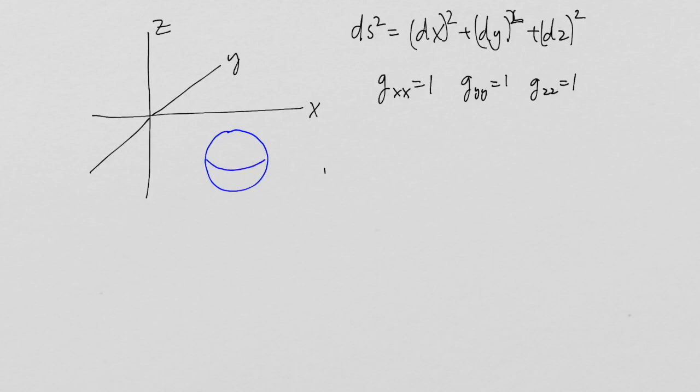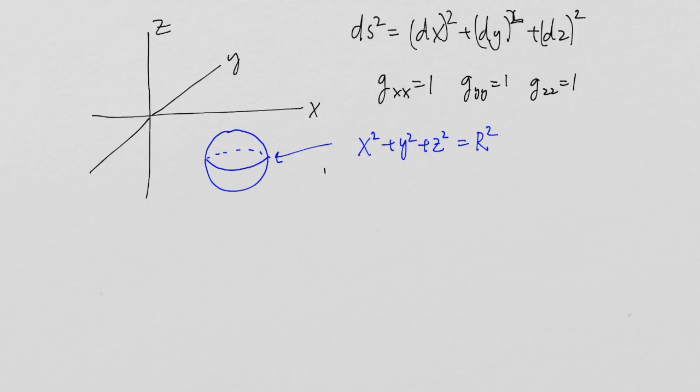Sphere is a nice classical simple surface that is often used for this example. And that sphere is a set of points such that x squared plus y squared plus z squared equals R squared, where capital R is the radius of the sphere.